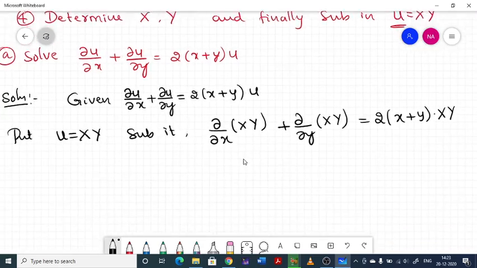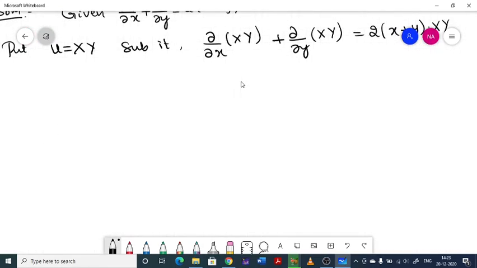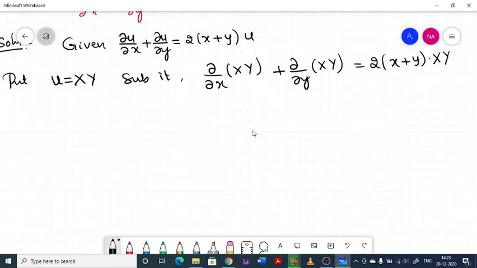Now the next step is separating the variables. So this implies, before separating the variables, let us simplify this as much as possible. See here I have to differentiate XY with respect to small x. Anyway, this capital Y is constant, so capital Y into derivative of capital X with respect to small x.